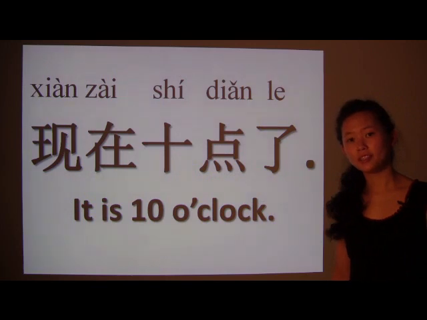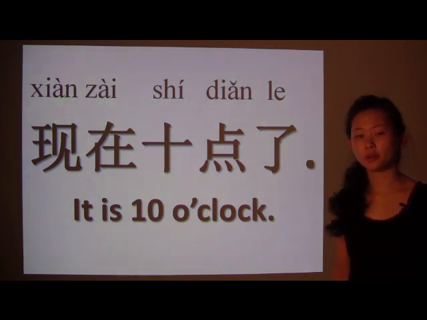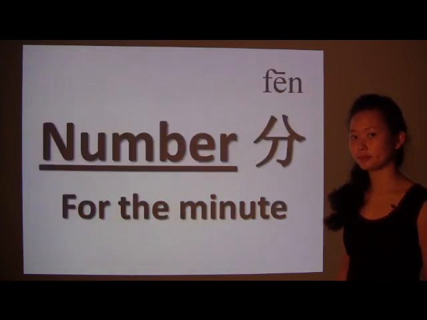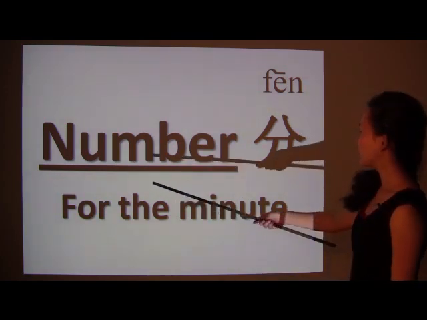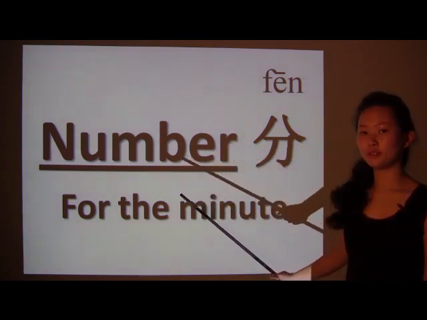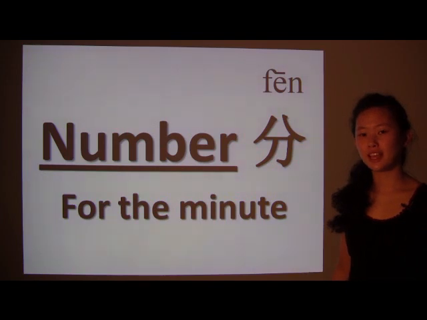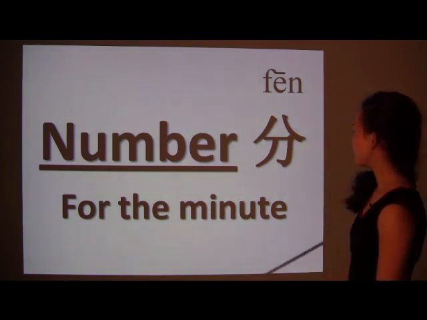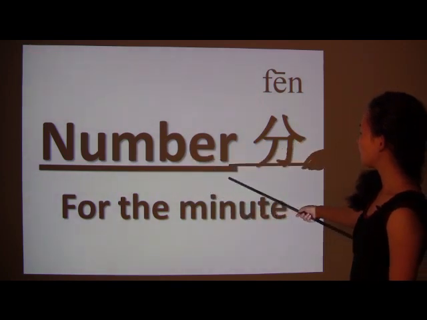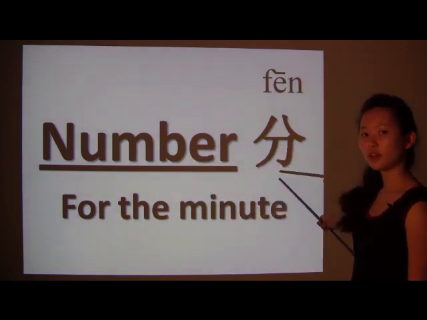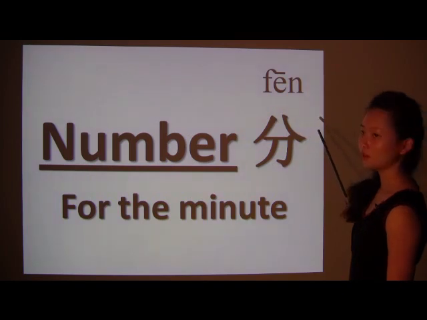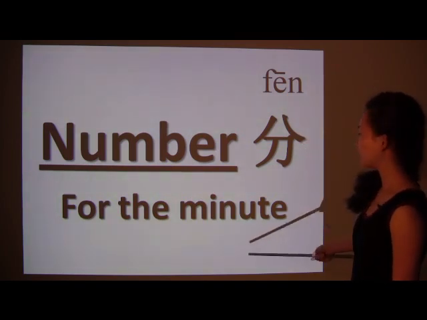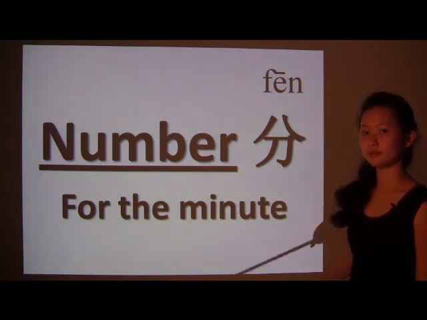Well, what happens if it's not on the dot hour? What if you have minutes in there? That's where a number 1 through 59, because you wouldn't say 1 hour and 60 minutes, you just say 2 hours. So number 1 through 59, and then the word 分, and that refers to the minutes.